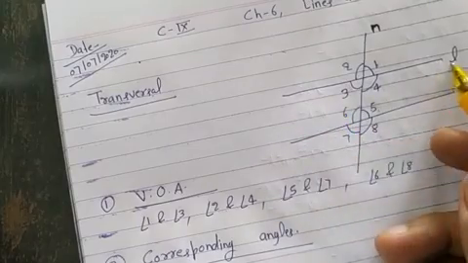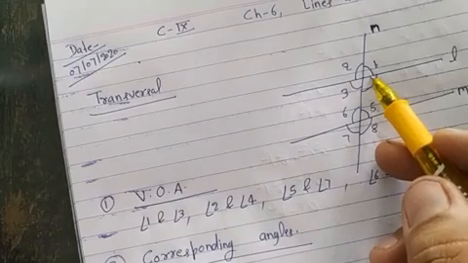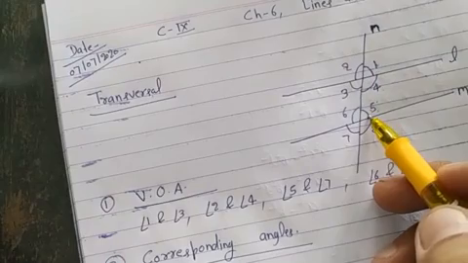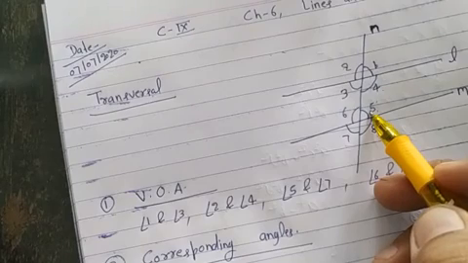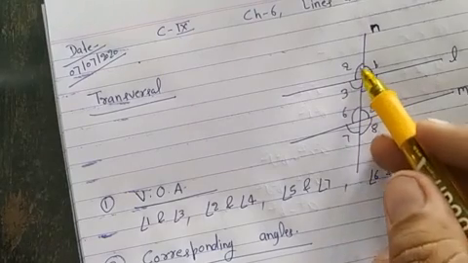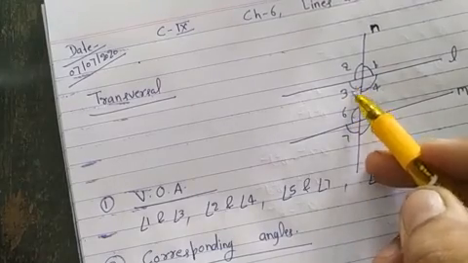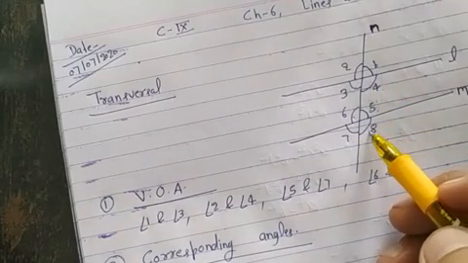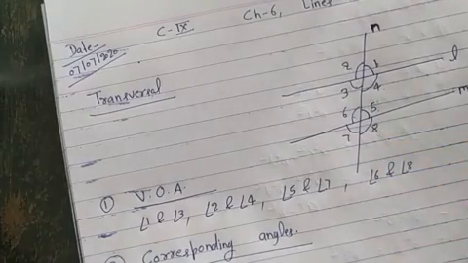This line is L and this line is M. Above the line L, this is angle 1, and above the line M, this is angle 5. Angle 1 and angle 5 are corresponding, as well as angle 2 and angle 6, angle 3 and angle 7, and last angle 4 and angle 8. These are pairs of corresponding angles.